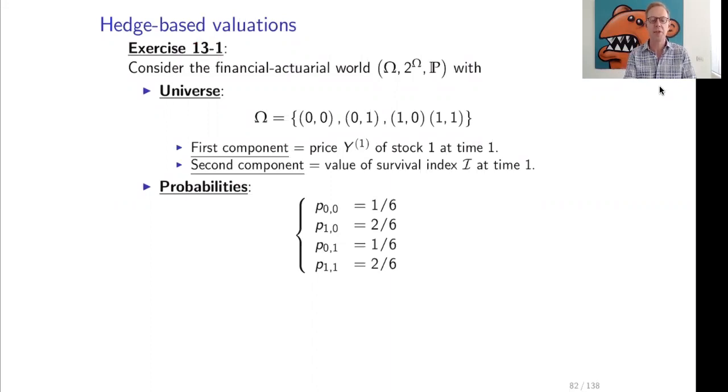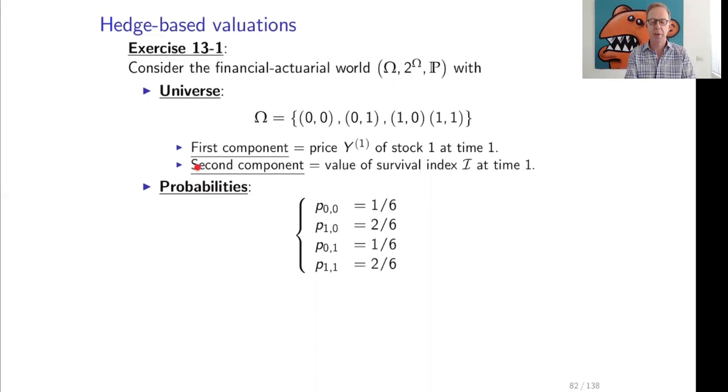So we consider a financial actuarial world with omega, the universe, the set of all outcomes at the end of the year in which we are interested. And this omega consists of four couples, (0,0), (0,1), (1,0) and (1,1). The first component of each couple denotes a possible price Y1 of stock 1 at time 1.